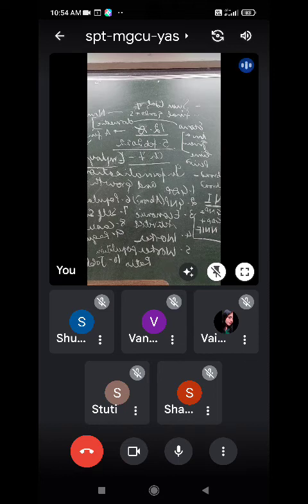Particular locality or at a particular point of time is known as population.